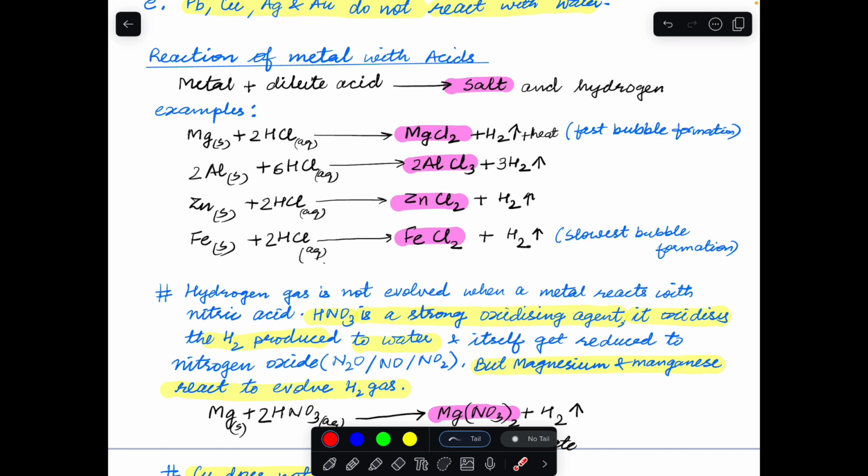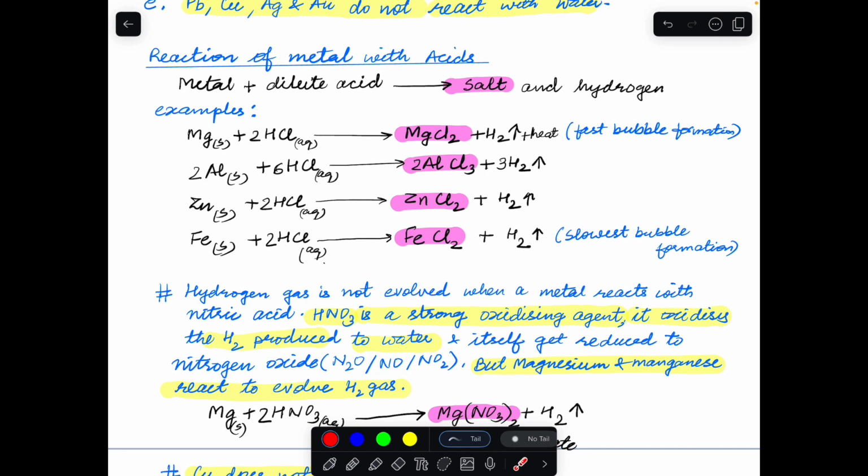So here magnesium will react with hydrochloric acid to give magnesium chloride. Hydrogen gas is liberated and heat is evolved. Therefore we have very fast bubbles in the case of magnesium, so the most reactive is magnesium. The bubble formation for hydrogen gas is slowest in the case of iron. That means as we go from magnesium to iron, the reactivity of these metals decreases.